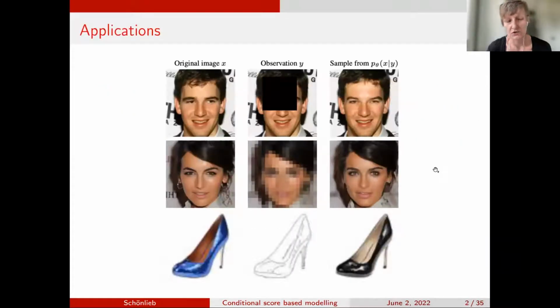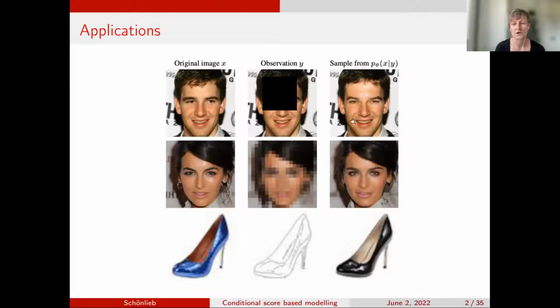Okay, so first of all, the motivation for us was, as the title says, conditional generation, and in particular conditional image generation, where here are some examples of where this could be useful. So you might want, in the context of image inpainting, for instance, to generate an image that is conditional on the image with the inpainting mask.